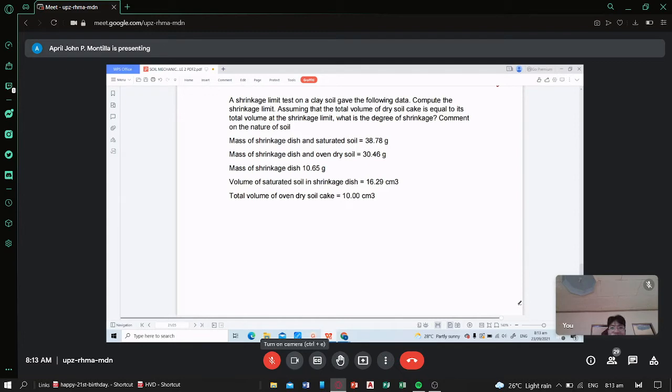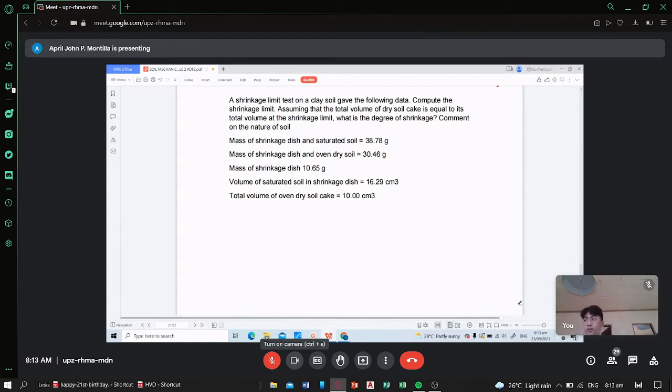A shrinkage limit test on a clay soil gave the following data. Compute the shrinkage limit, assuming that the total volume of dry soil cake is equal to its total volume at the shrinkage limit. What is the degree of shrinkage? Comment on the nature of soil. Mass of shrinkage dish and saturated soil is equal to 38.78 grams.